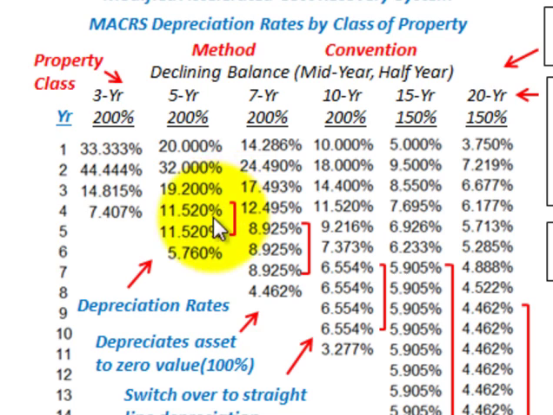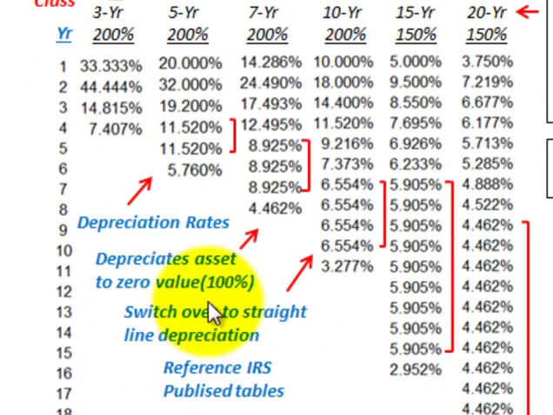And you're going to notice it does this through what they call a switch over to straight line depreciation, and the tables have those percentages built into them. I've got them marked here. You'll see a constant percentage, like under the 7-year, you'll see 8.925 percent, and you'll see it 3 years in a row. Well, that's based on this switch over to straight line, such that you depreciate your asset down to a zero amount.